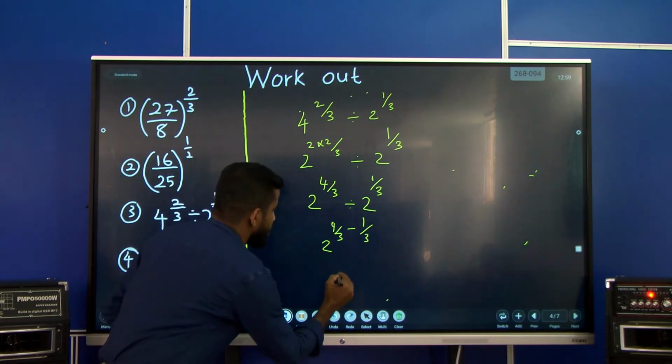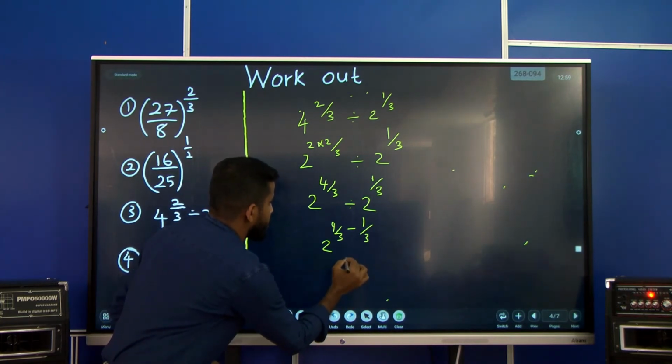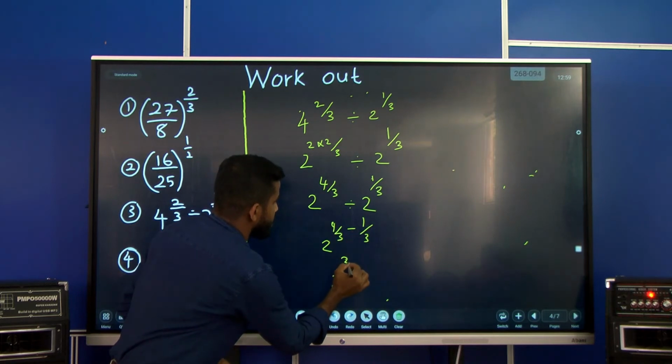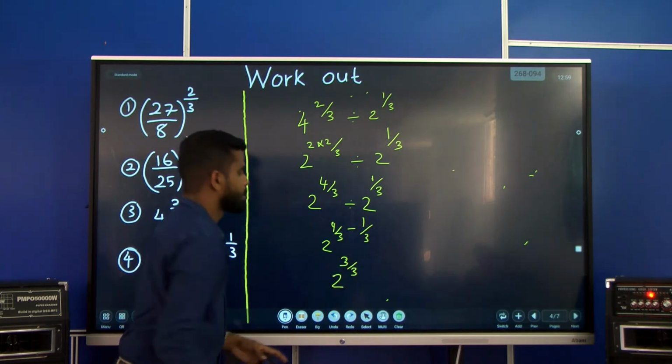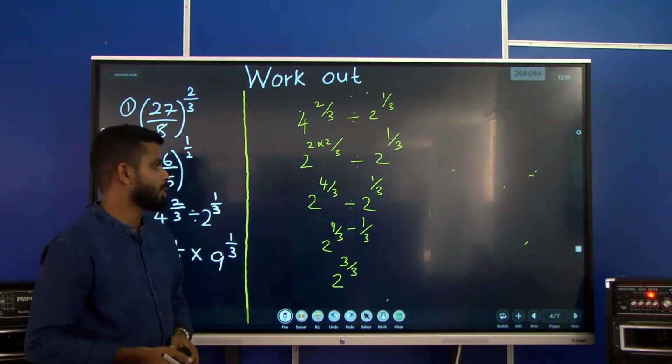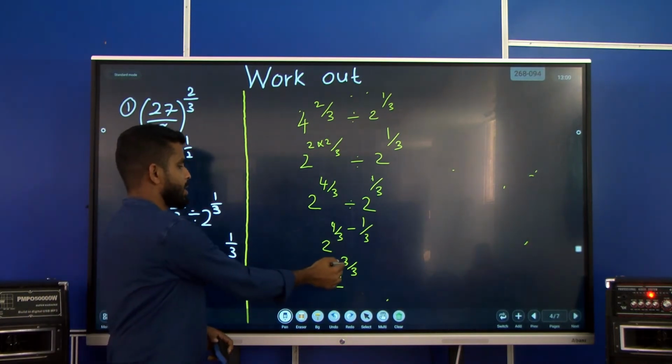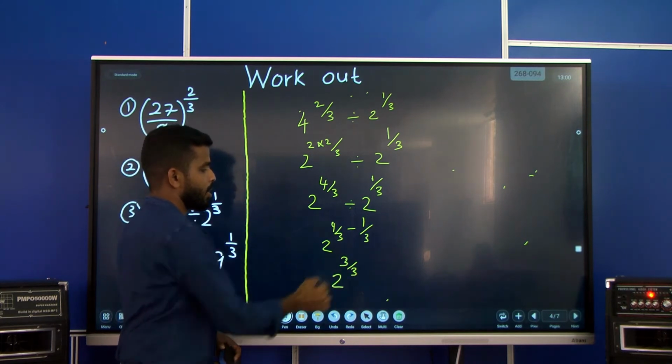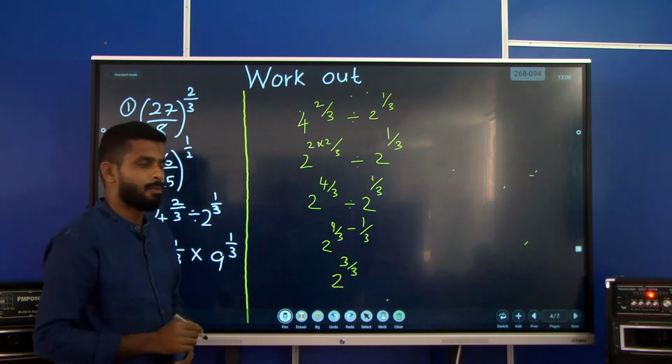Therefore, the answer is 2 to the power 3 upon 3. Since they are common denominators, we can subtract the numerators, 4 minus 1 is 3. So 3 divided by 3 is 1.